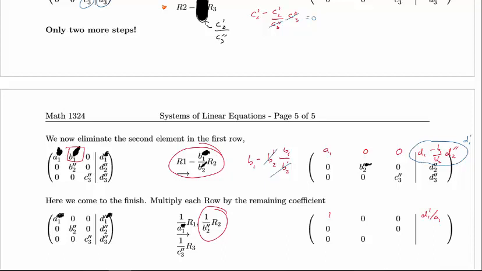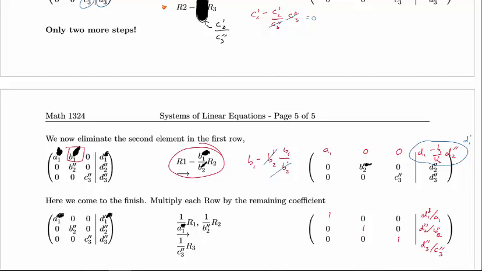Sorry, something in my throat. That's a B2 double prime divided by B2 double prime, which is 1, and so this becomes D2 double prime divided by B2 double prime. Last row, 1 here, and this becomes D3 double prime divided by C3 double prime.